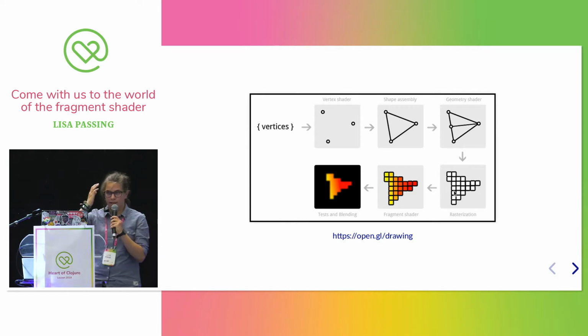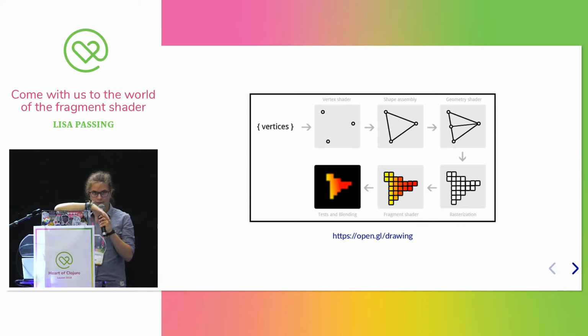This is the step that decides: okay, we kind of know what will happen in this virtual 3D space, but then we need to decide what pixel should take over which part. And what we will concern ourselves with is this part here, the fragment shader. We know what pixel will do what, but then we need to give each pixel a color. And then in the end, something will happen on our screen.